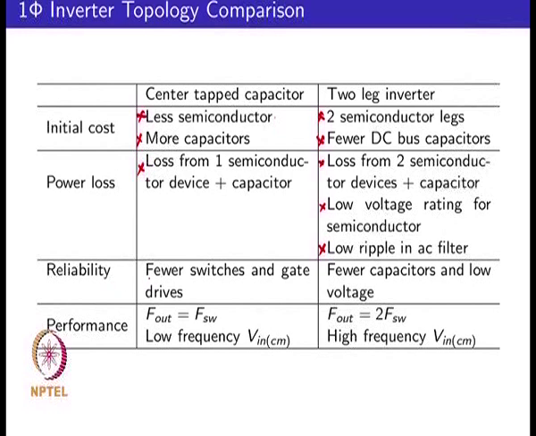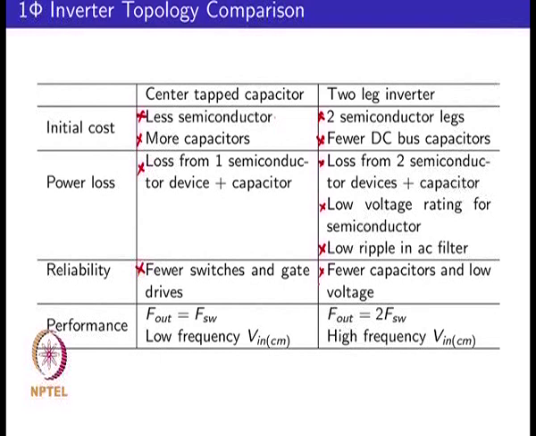From a reliability perspective, the center tap topology has fewer semiconductor switches and gate drives. So, if your reliability issues are more with semiconductor devices, then the one with fewer devices would be of advantage, whereas the two-leg inverter has fewer capacitors and the voltage rating is reduced. So, your clearance requirement etc. is actually reduced.